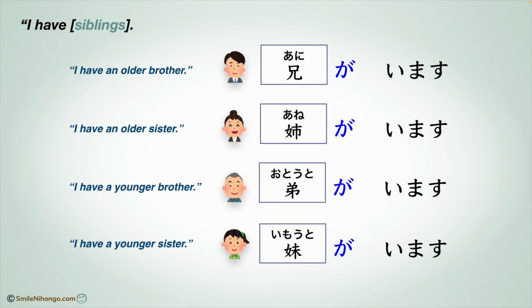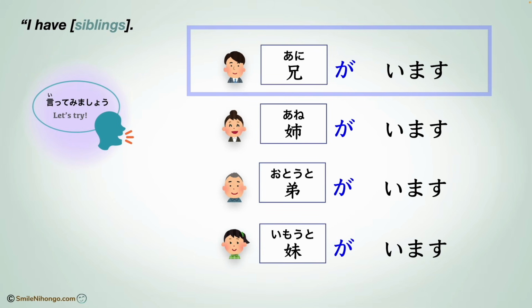Now, here's a key point I want to share. In conversation, the particle が is often dropped. However, when talking about family, it sounds more natural to keep it. This is because you are clearly showing who exists in your life. Let's try the version with the particle.